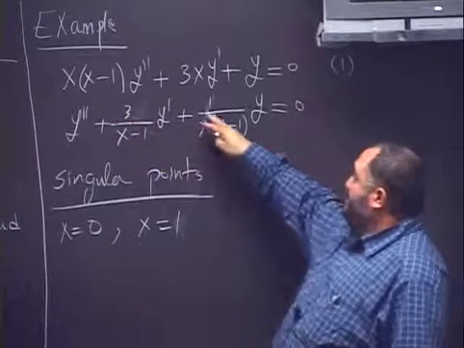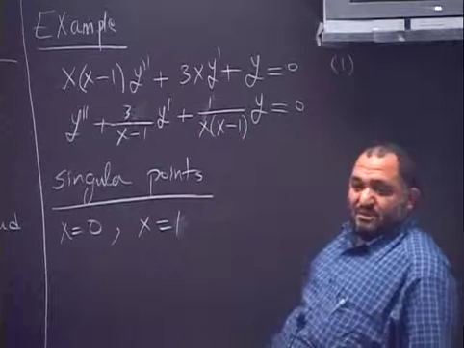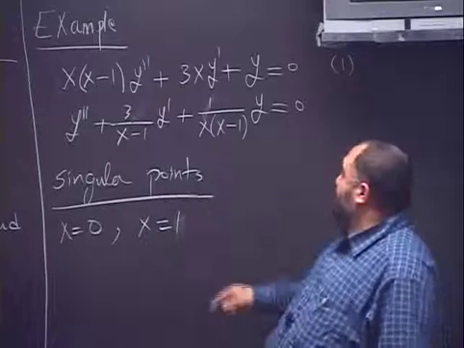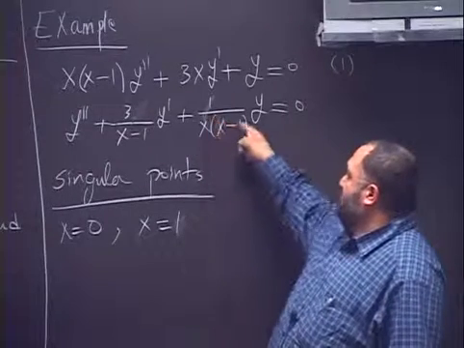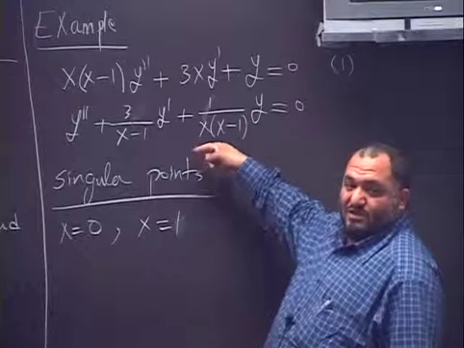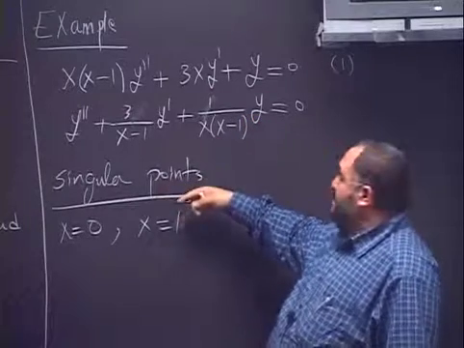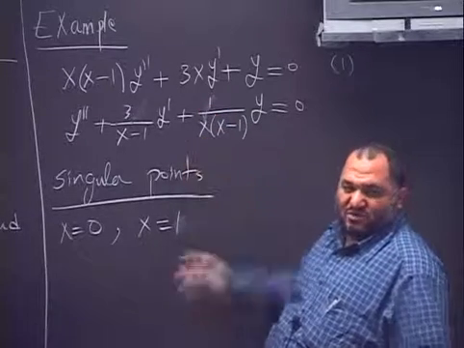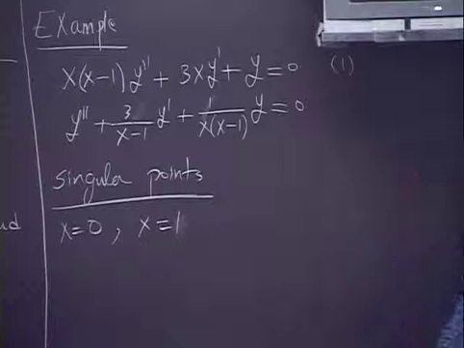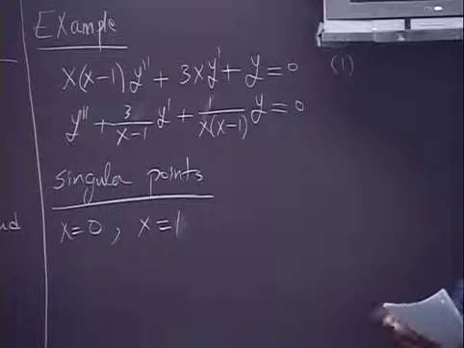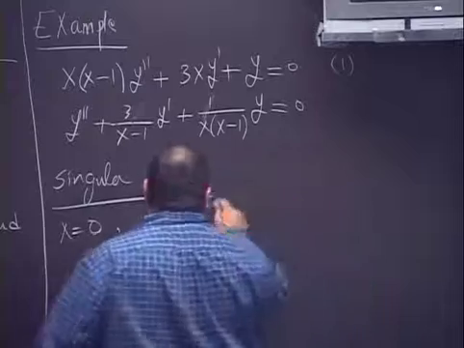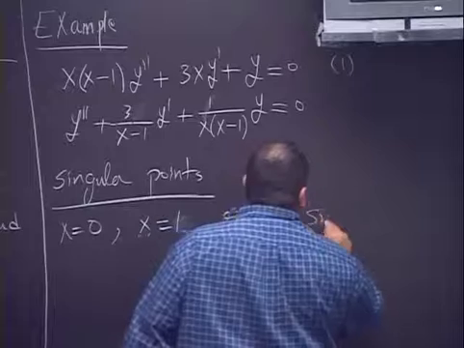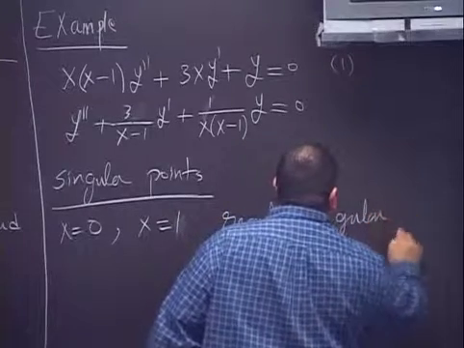And then here you will multiply by x minus 1 squared, which will cancel, and you will end up with 1 over x, with x equal to 1. So this will give you 1. Okay. So we do not have any essential singularity. So these are regular singular points.